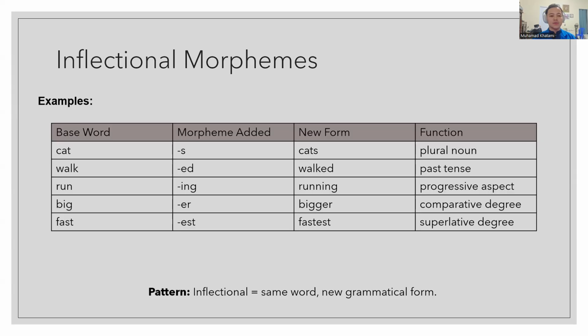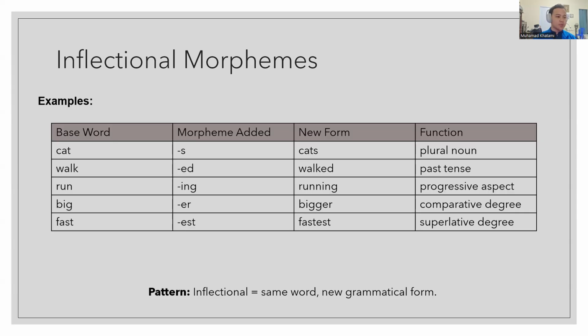It creates a new form as in cats, which doesn't really change the meaning. It's still a cat, but it just changes the fact that it is now a plural with the added s because there is more than one cat.